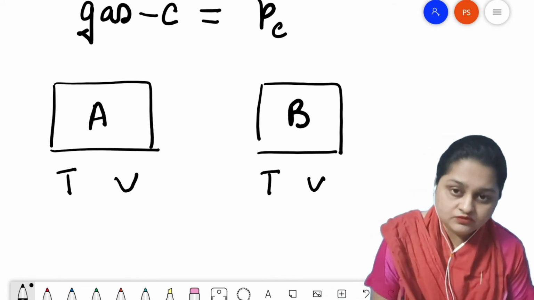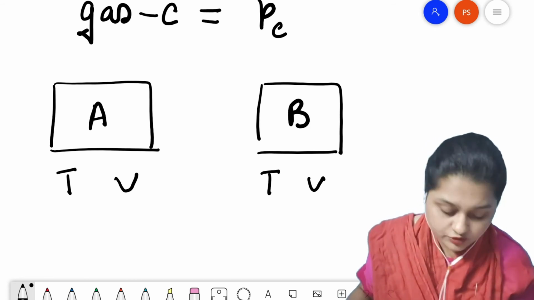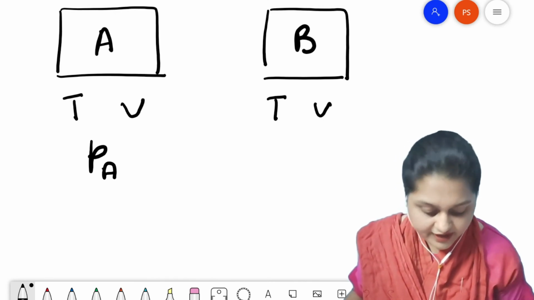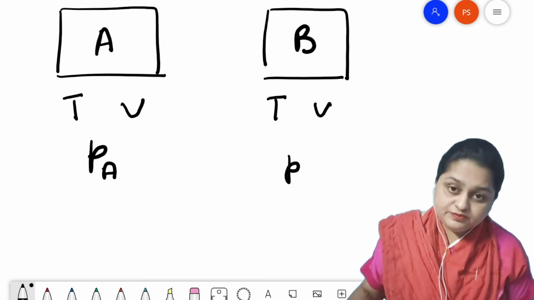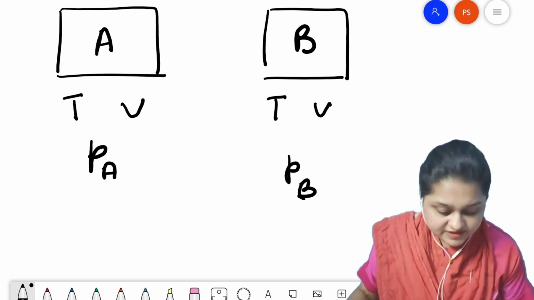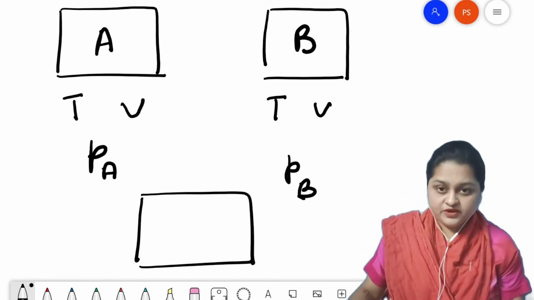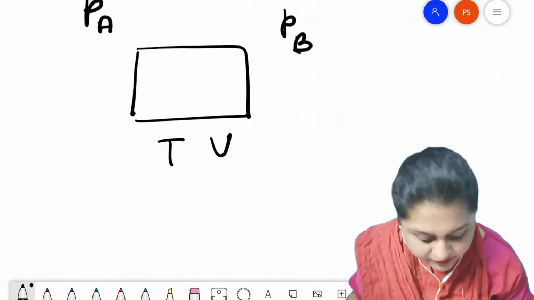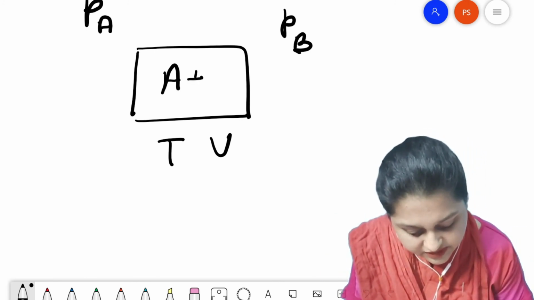Then we have the pressure of A, Pa, in the container, and the pressure for gas B is Pb. When we mix these two, gas A and B, into a third container having the same volume V at the same temperature T, the gases will mix with each other and create a mixture.